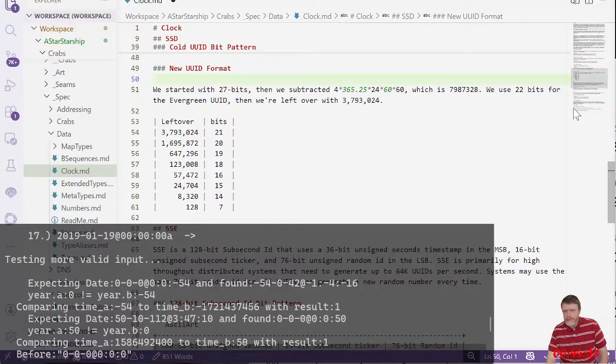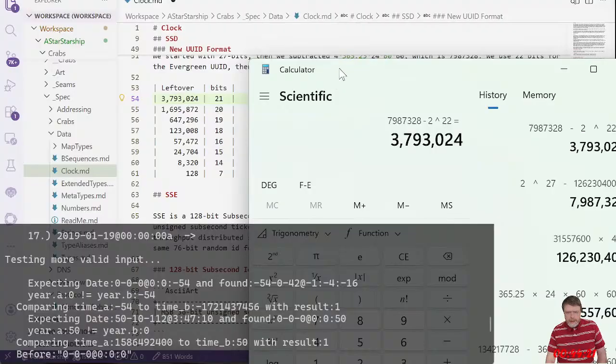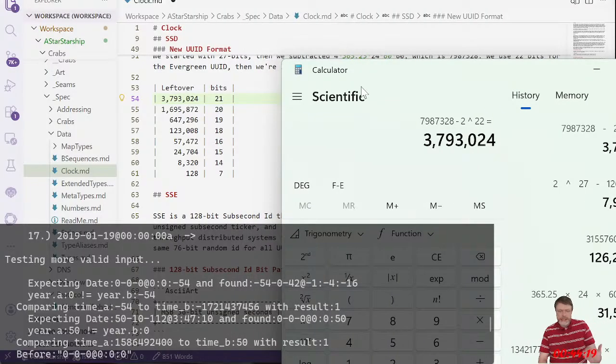Then we're going to do the 21. So then if it's in one of these ranges, I'm going to do something else for it. So we have, and this is, mind you, bits left over in the timestamp.